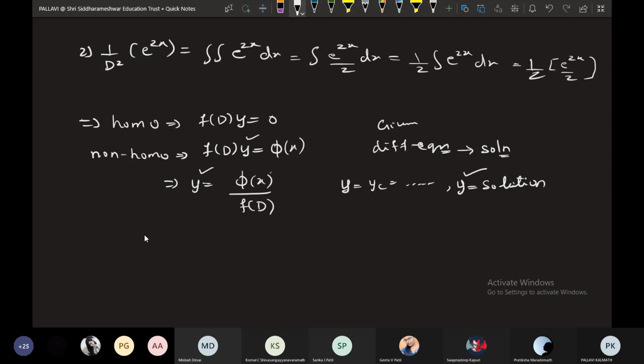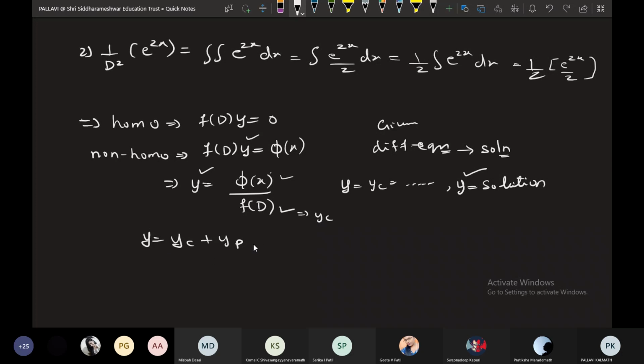So finally your y will be what? yc plus yp, consisting of both parts. Now you will have f of D. From f of D you will find yc. What you did so far is finding the auxiliary equation, finding roots and finding the complementary function. You write f of m, that is the auxiliary equation, and it gives you yc. What about yp? yp we are going to find from the phi of x you have. Okay.